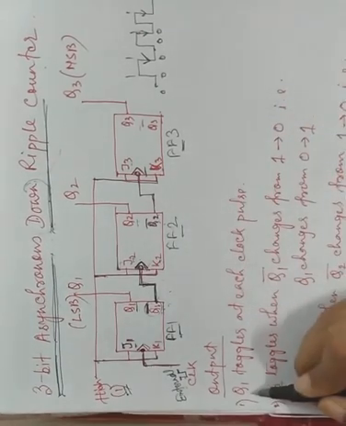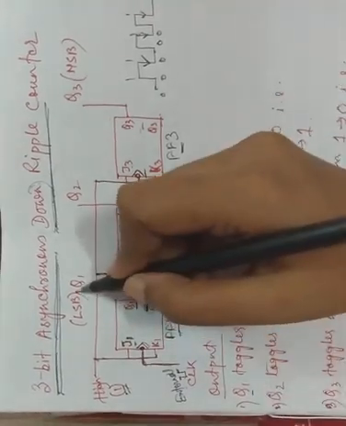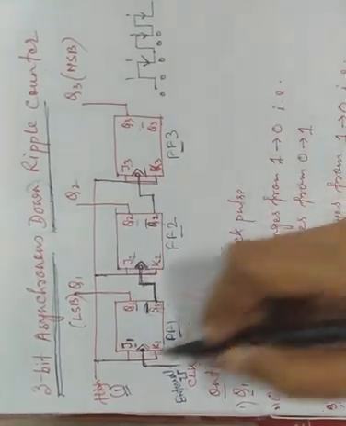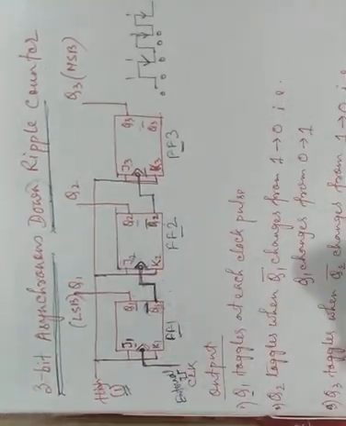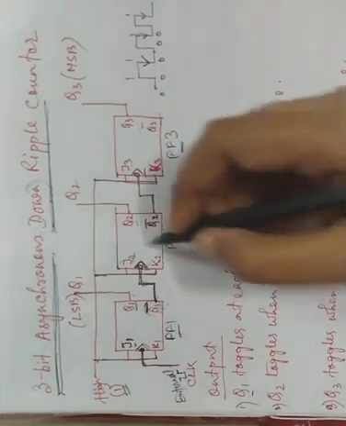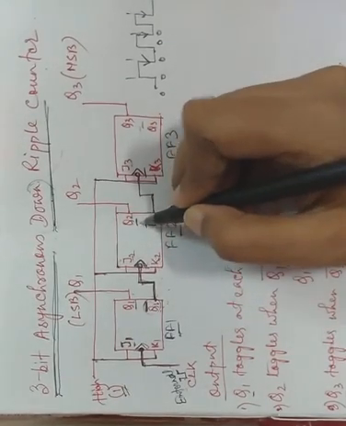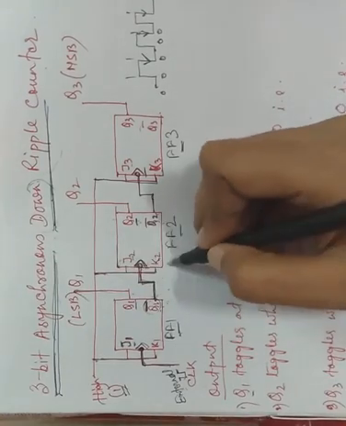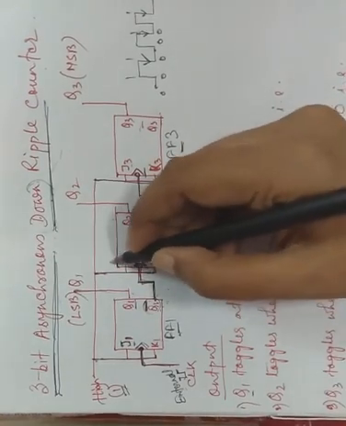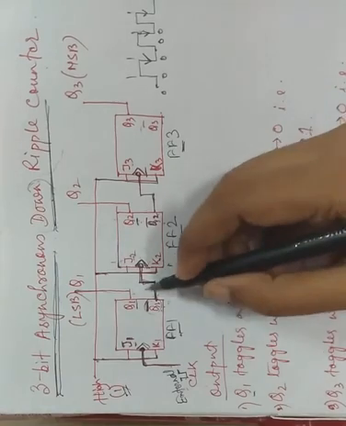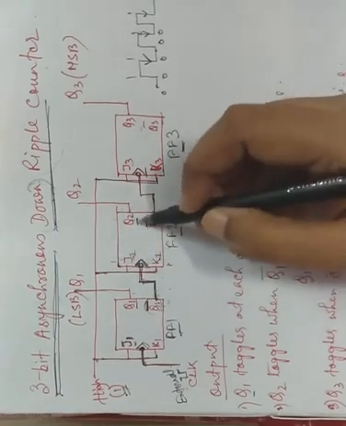Okay, so Q1, the first flip-flop output, toggles at each clock pulse because its clock pulse is connected externally. Q2, the second flip-flop, toggles whenever it is triggered, because J and K are always 1. So whenever the flip-flop gets activated, Q2 toggles.